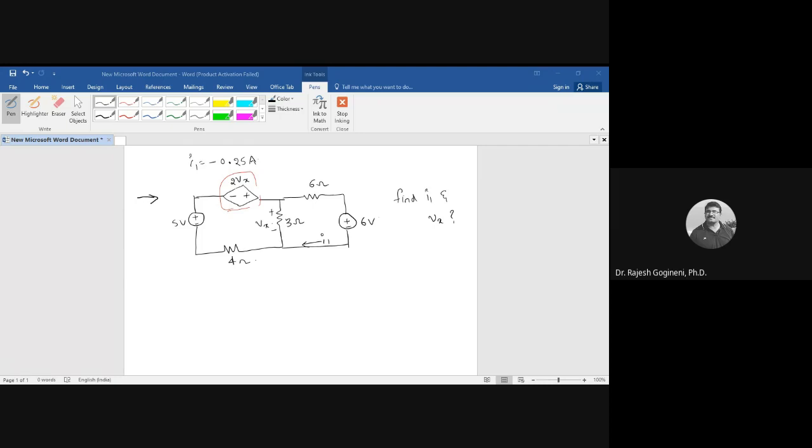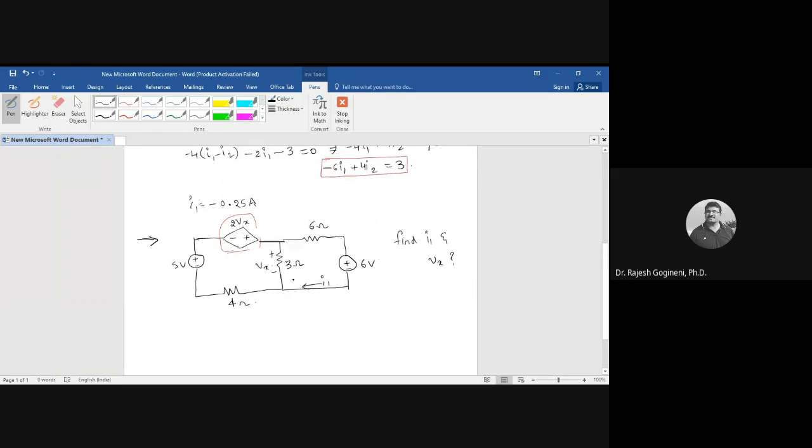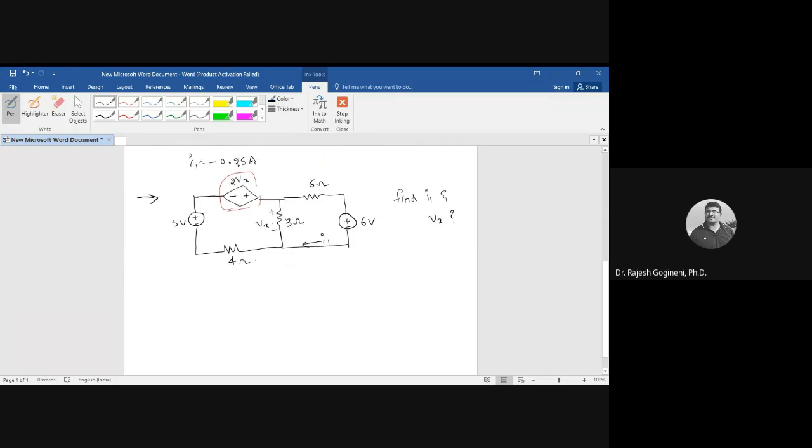So solve this problem and find the values, which is almost similar to the previous problem, but the only difference is here instead of a current source there is a voltage source. So here two unknowns.